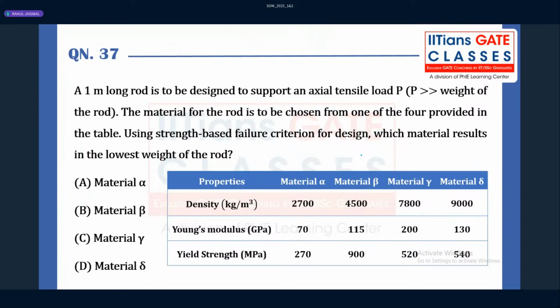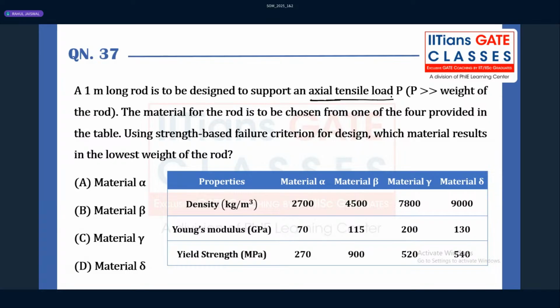If no doubt, then we can proceed. A 1 meter long rod needs to be designed to support an axial tensile load, right? We need to design a rod that is subjected to what? Tensile load.